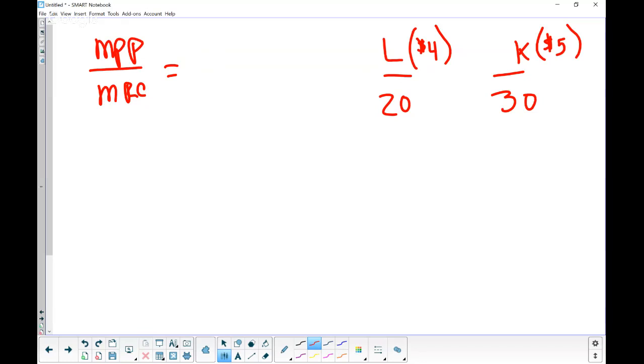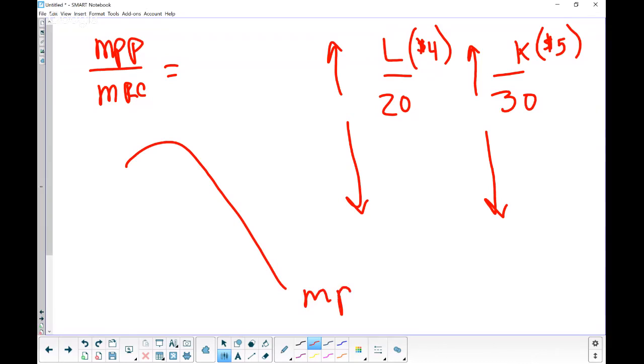Now, what's important is we are dealing with the idea of marginal returns here too. So we know the marginal physical product for this is going to go down. So that's going to be important. And we know the marginal physical product of this is also going to go down. Okay. So it also is going to go up here because of the law of diminishing returns. So this is the marginal product curve.